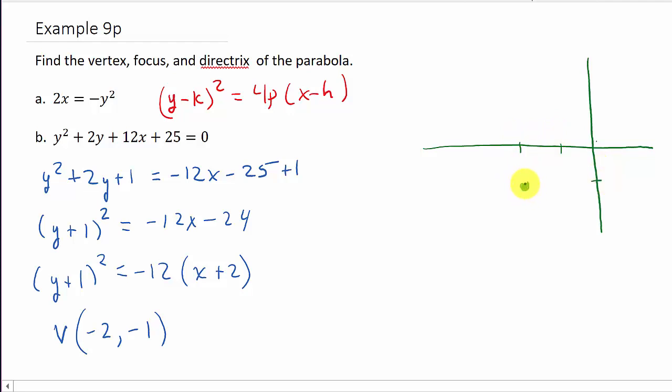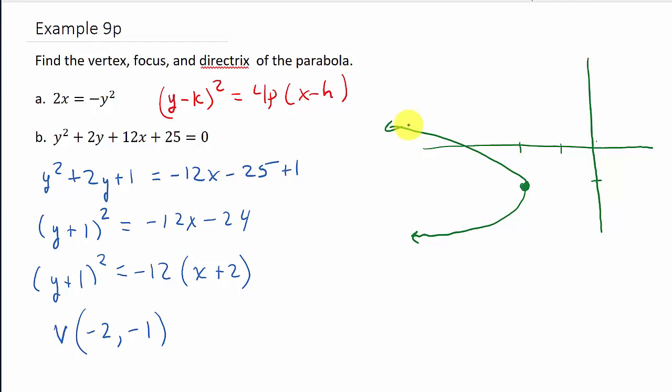So our vertex is about right in here. And we'll just make a quick sketch. Now let's go ahead and draw where our focus would be and our directrix. But I guess before we do that, let's just go ahead and find p.